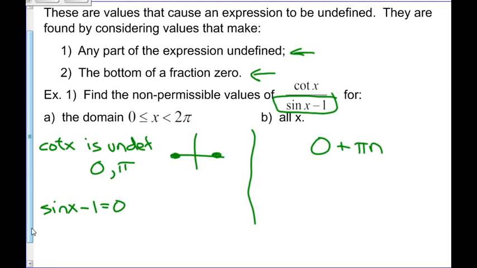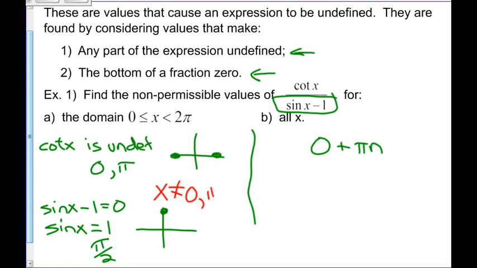So let's find out what values do that. If sine x minus 1 is 0, then sine x is 1. And the only place that happens is at pi over 2. So in total, our non-permissible values, we're saying that x cannot be 0, pi over 2, or pi in the first revolution.